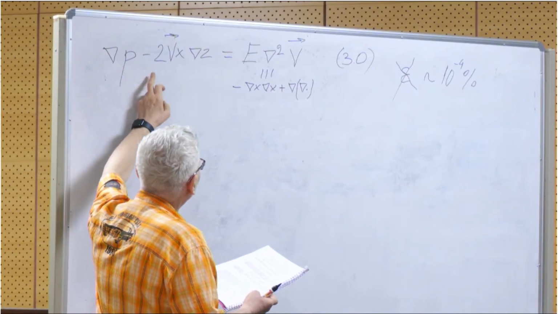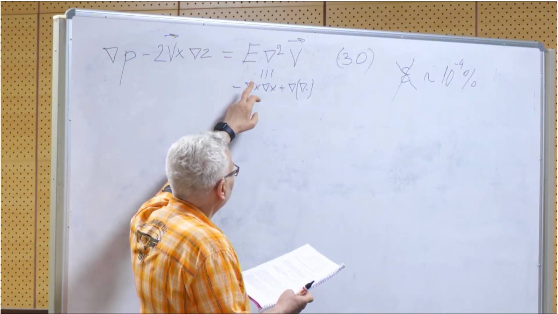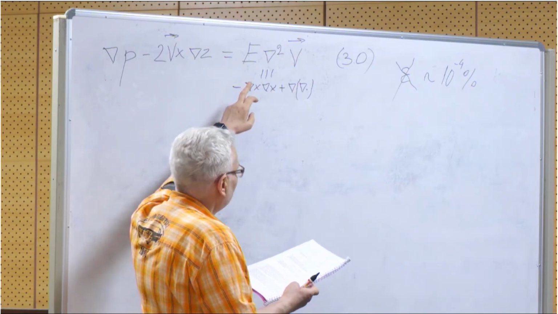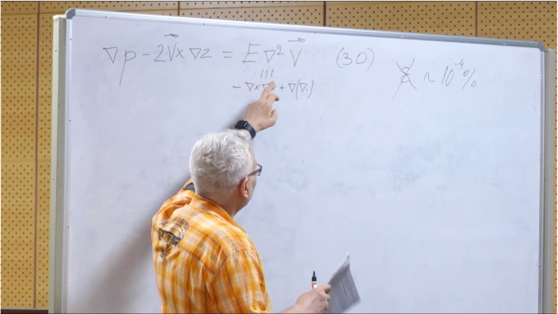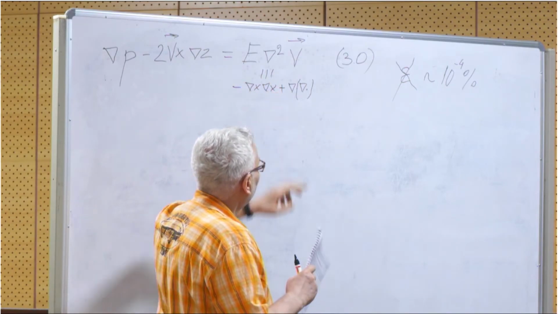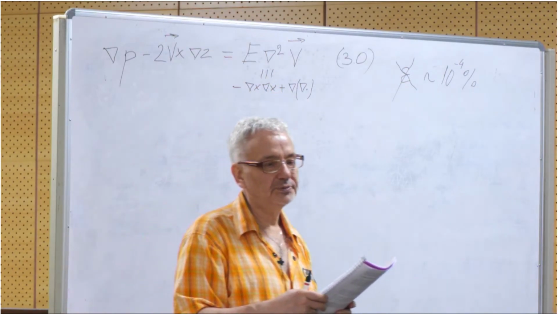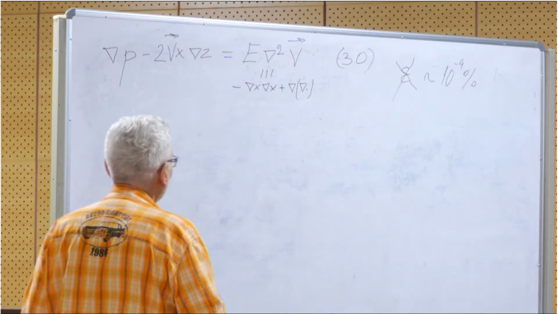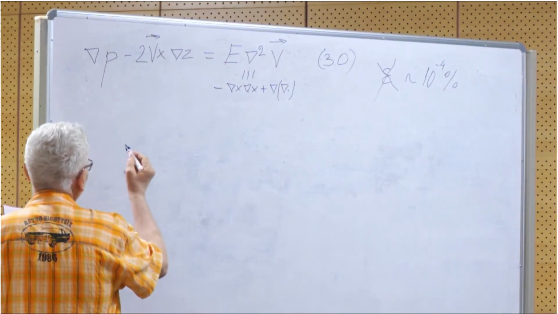So we start from them. And again, as I already told you, the Ekman number is in front of the Laplacian, but not the ordinary Laplacian, the vector Laplacian. And it has a very tricky form, especially in the spherical coordinate system. So let's write down and comment on every term of this equation.